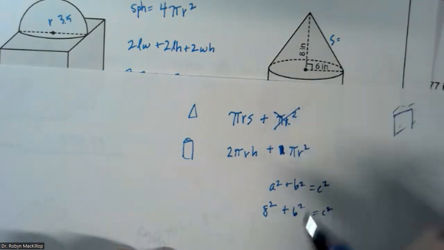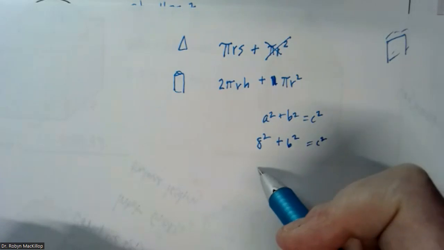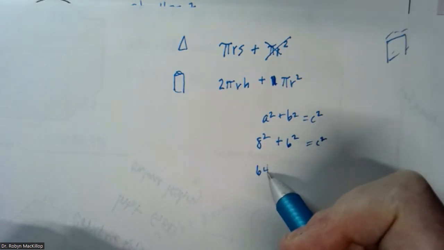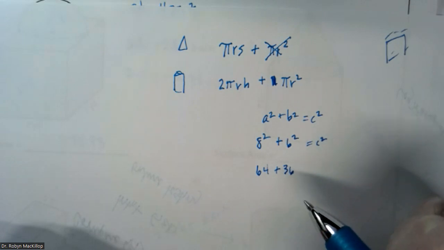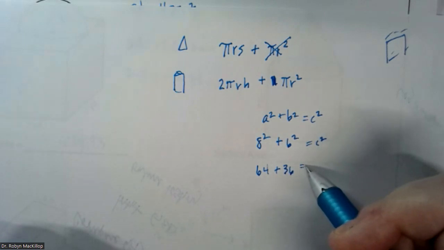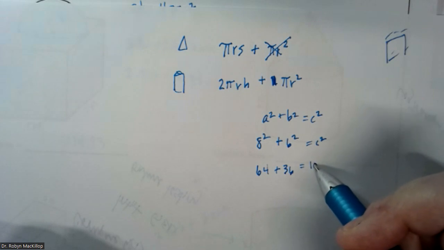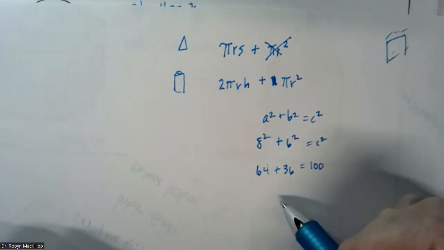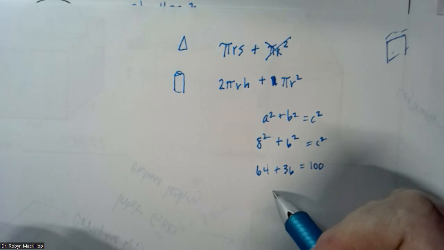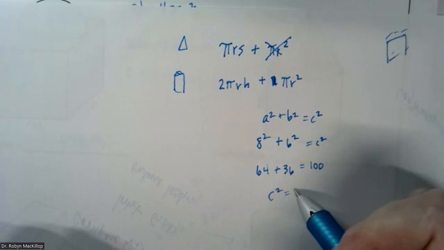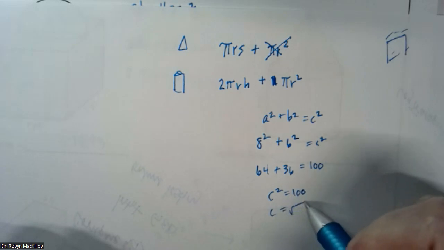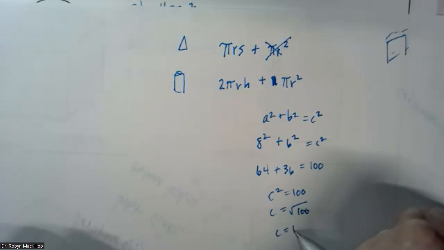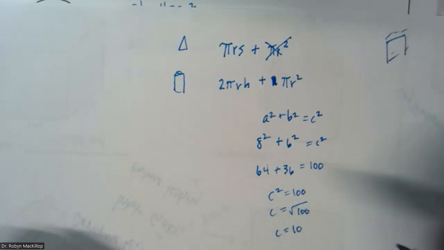There's A, there's B. 8 times 8 is 64. 6 times 6 is 36. That's going to be 100, isn't it? Awesome. How easy is it to find the square root of 100? If C squared equals 100, C equals the square root of that 100, C equals 10. Nice, we like the easy ones.